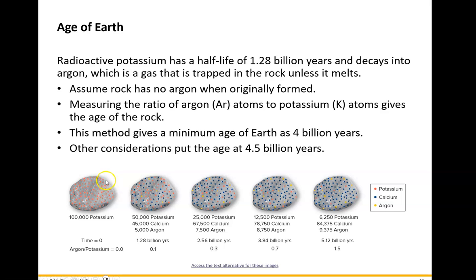So for half the ore to be uranium 238 and half the ore to be lead 206, that's one half life, which is 4.5 billion years. That tells you that particular ore sample is 4.5 billion years old.